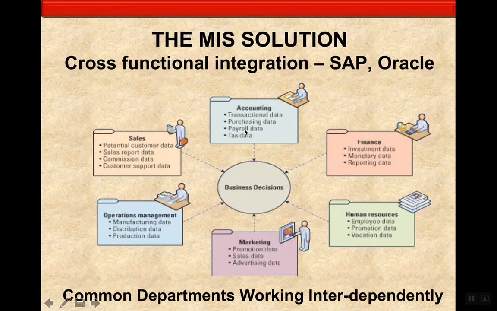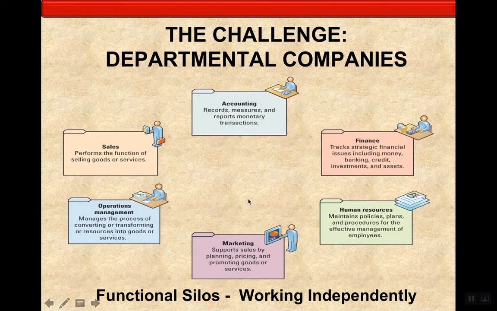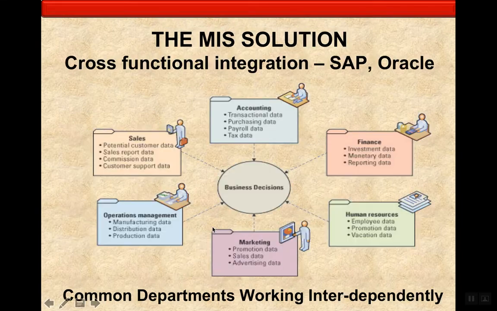So we're seeing one common application that has different functional components but represents a consolidated view. The focus was really to break up the silos, rather than working independently, to work interdependently.